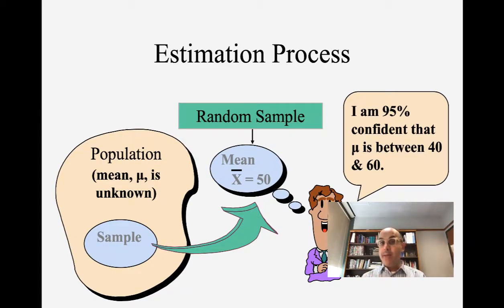So the estimate process starts with the population, but it also involves taking a random sample. The objective is that we will say we are 95% confident that mu is between 40 and 60, and compare it to the entire population, where we are trying to match up to that.